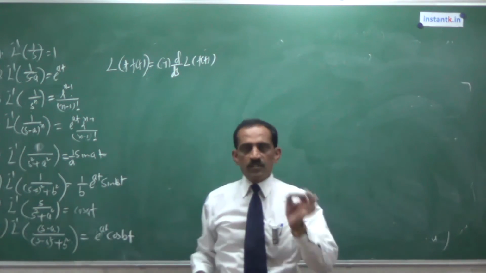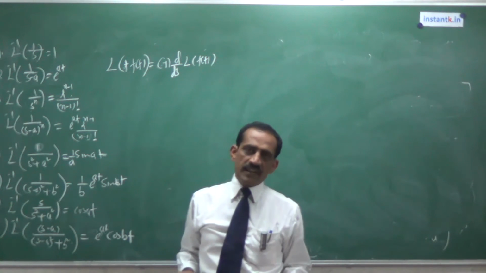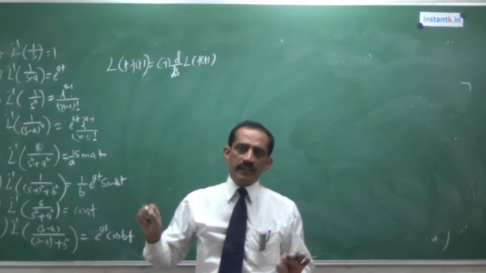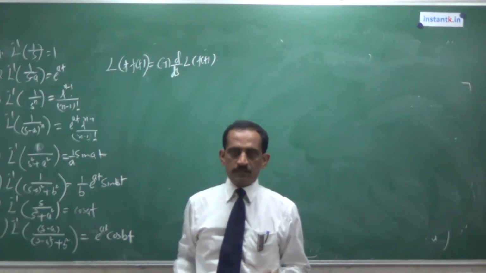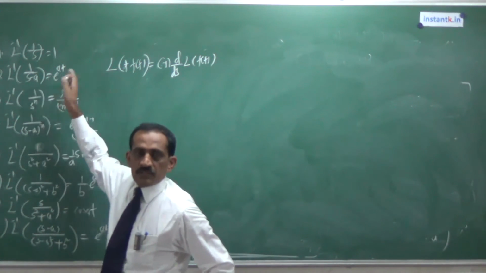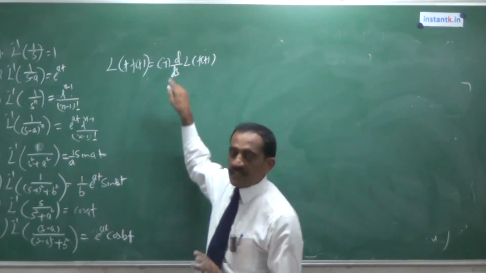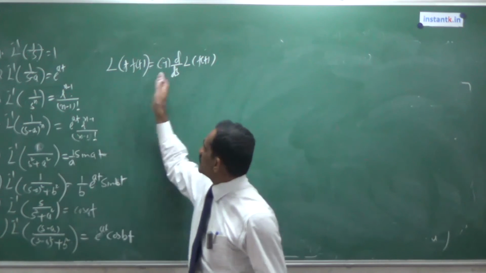If we differentiate this logarithm function, the logarithm is eliminated. For example, the derivative of log of S minus log of S plus a is 1 over S plus a. But L inverse of 1 over S plus a is known, right? So if a logarithm function is there, when we differentiate it, we get the standard form.